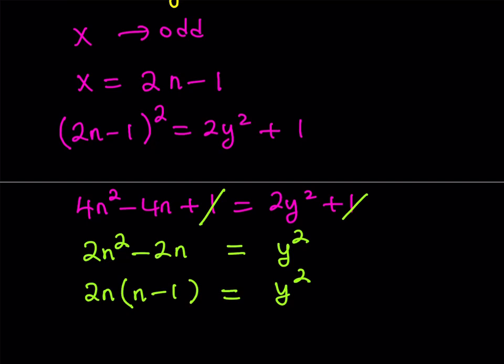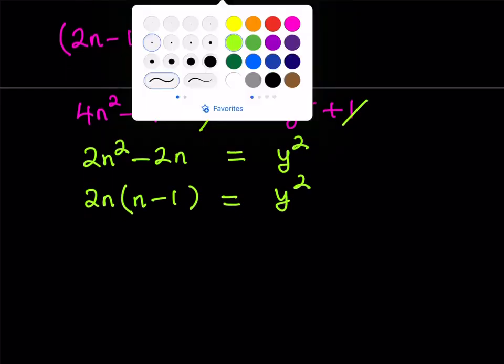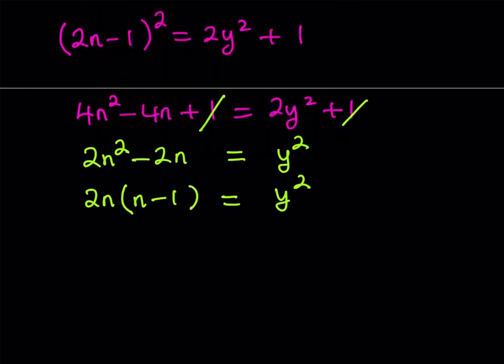We're going to use a simple argument here. Okay, great. Now, we do have 2n multiplied by n minus 1, and these are both integers. You're multiplying them, but 2n is even. So the left-hand side is basically even, which means that the right-hand side also needs to be even. Okay, so what? Are we going to replace y with something like 2k? No, we're not going to go there because we don't need to.